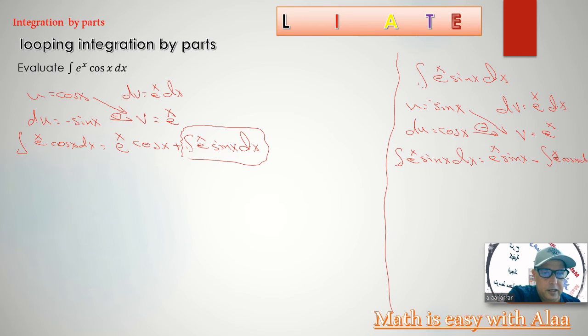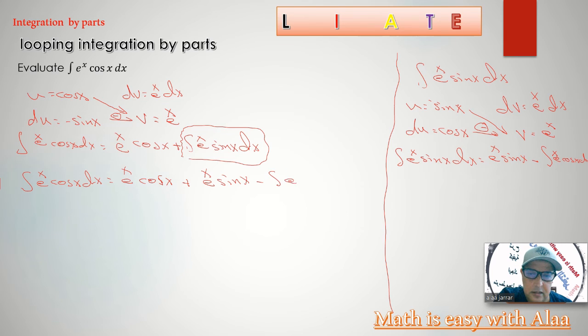I will replace the integral of e^x sine x dx by e^x sine x minus the integral of e^x cosine x. It will be here the integral of e^x cosine x dx equal e^x cosine x plus e^x sine x minus the integral of e^x cosine x dx.